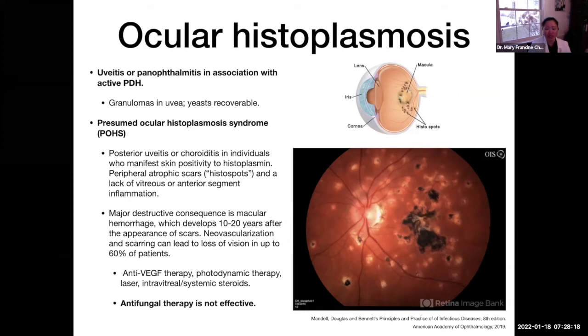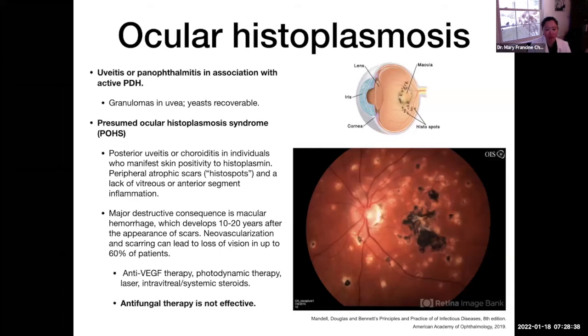So it's relatively a benign disease, it looks like, but the consequence really happens 10 to 20 years after the appearance of scars, through neovascularization that can lead to loss of vision in up to 60% of patients.